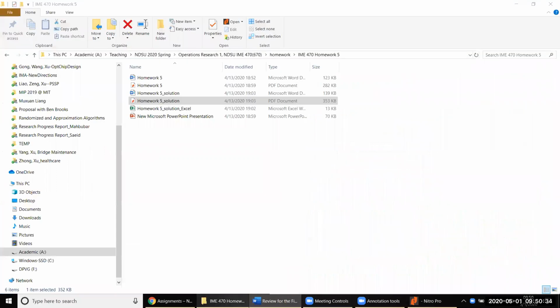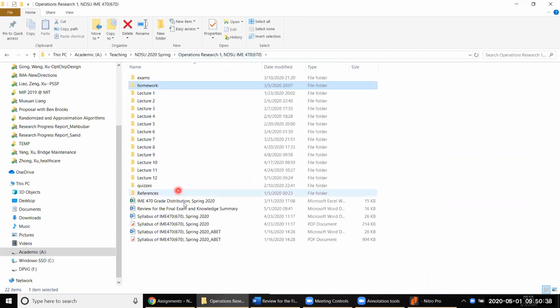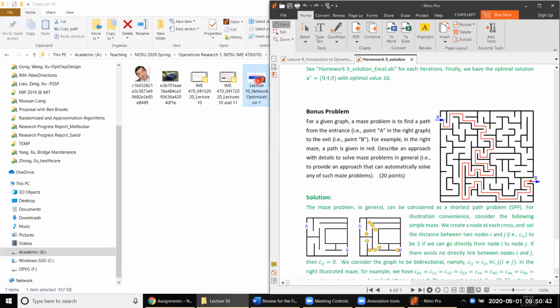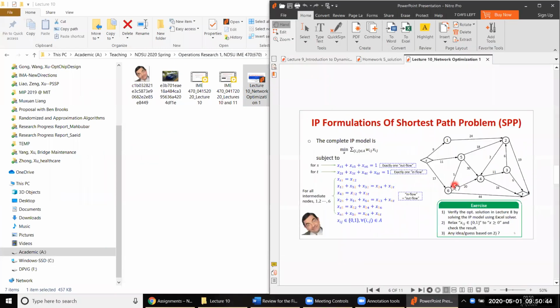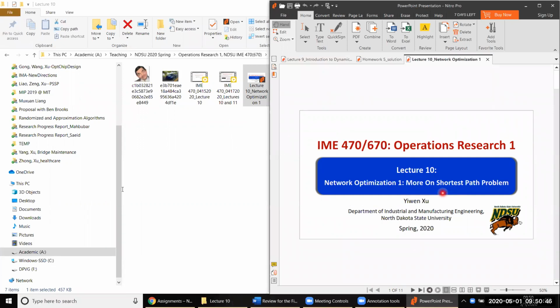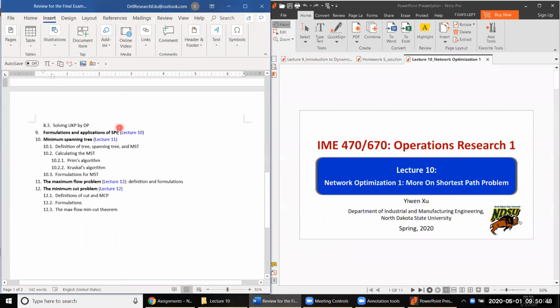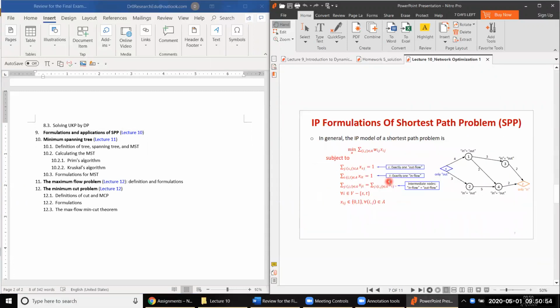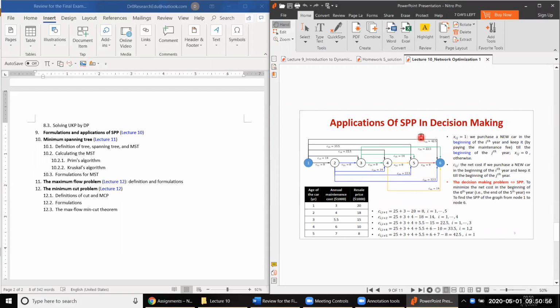Okay, and after it will be lecture 10, which is the formulations about SPP, which actually here is already done, network optimization 1. The formulations on SPP and also the applications of it in terms of, let's say, decision making here.